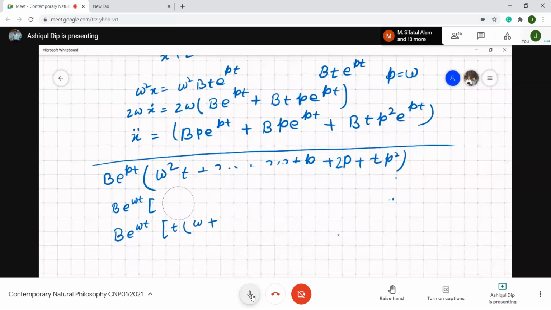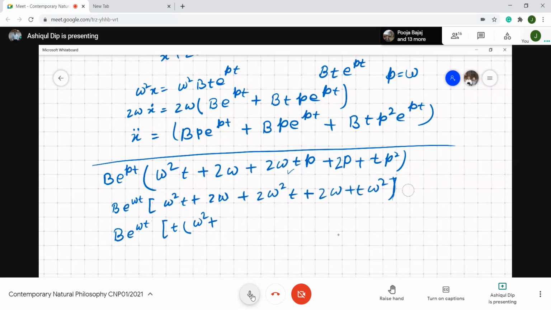Then that will be 0 actually. So if I factor out t first, then omega square plus 2 omega p plus p square, yeah, this thing is actually 0, right?